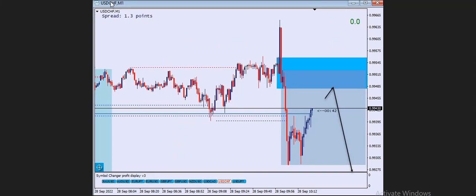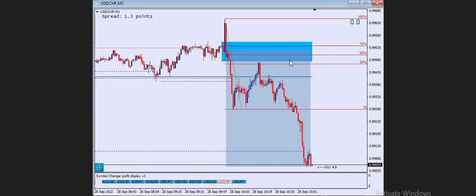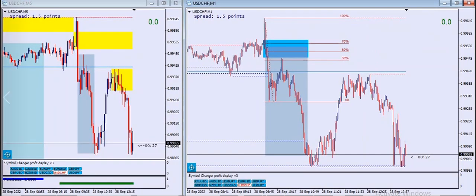This was another one, USD CHF 1 minute time frame. Let me see if I have the higher time frame. Yes, so you can see this is the 1 hour previous high. Price pitched it and dropped with this massive, impulsive move, and here it left a fair value gap.